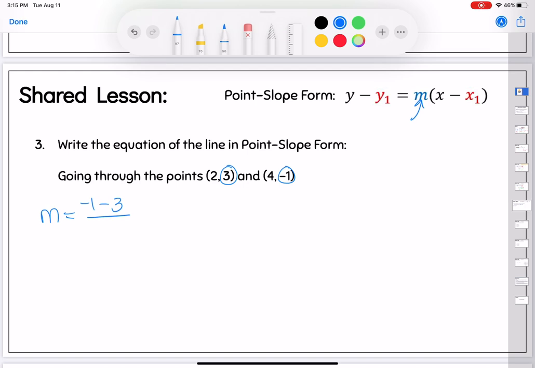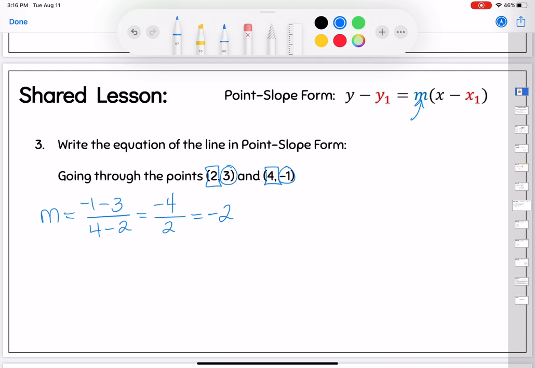Over, since I did negative 1 first, I have to do 4 first on the x's. 4 minus 2. All right. Negative 1 minus 3 is negative 4 up top. 4 minus 2 is positive 2 down on the bottom. Reducing that fraction, negative 4 over 2 would be negative 2 for my slope. So again, slope m equals negative 2.